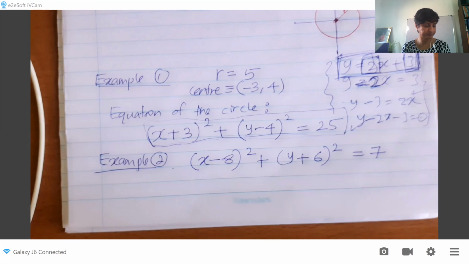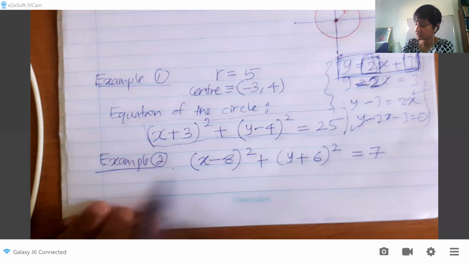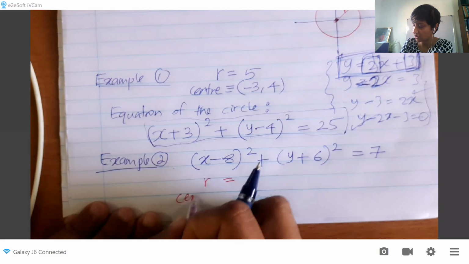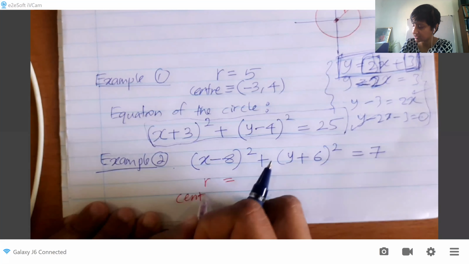Find the coordinates of its center and its radius. So what is R and what are the center coordinates? What is the radius of the circle?